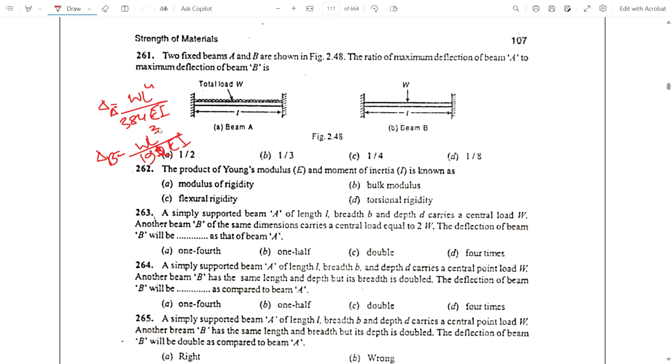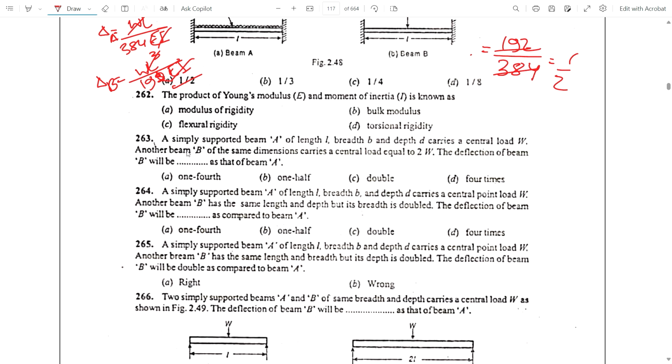Cancelling, 192 goes into 384 two times, so the ratio is 1/2. Option A is the correct answer.